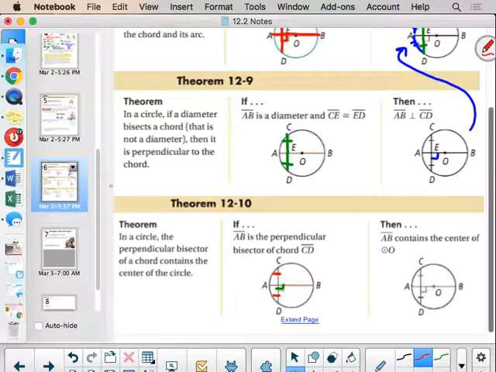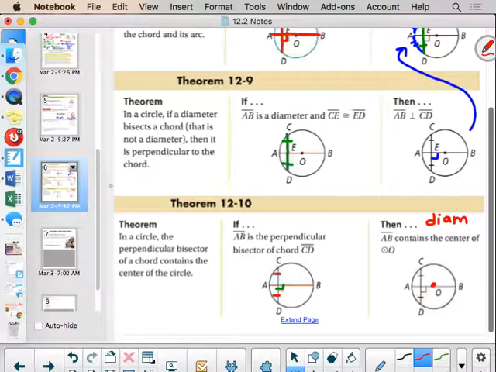That random segment contains the center of the circle, making it the diameter. So these 3 facts kind of go hand in hand. It's all about having a diameter being the perpendicular bisector to the chord. So these are all the bits of information that I'm looking for in these problems, okay? You kind of with me on this?